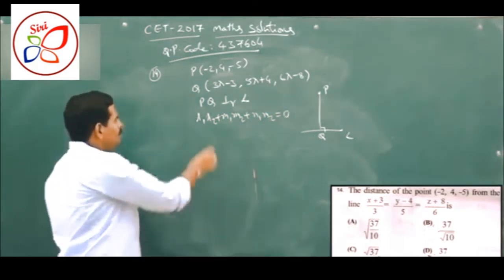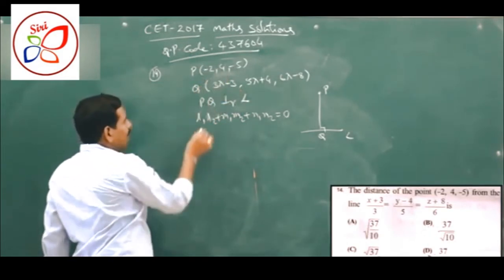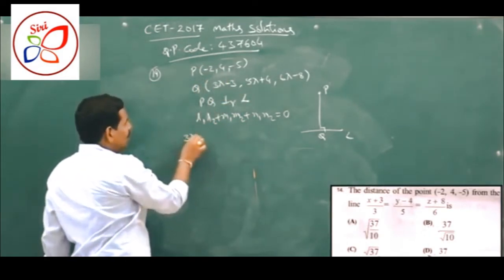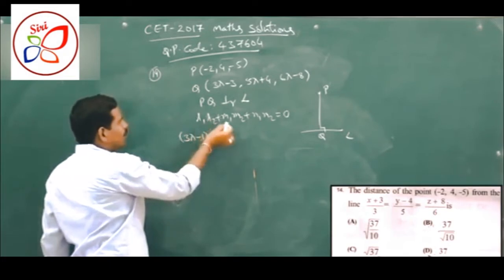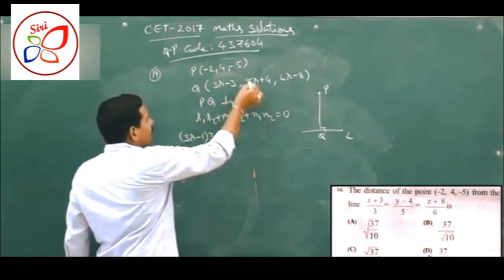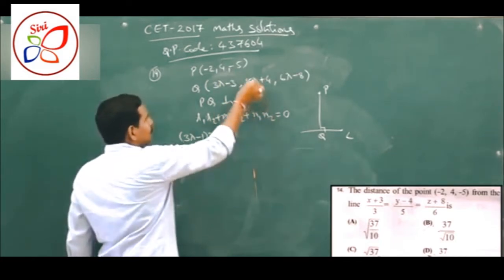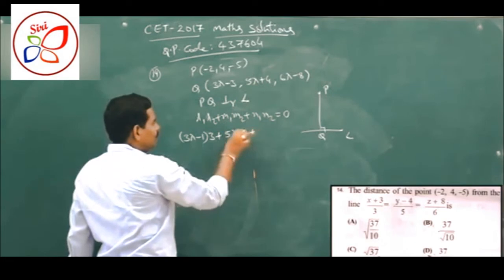So L1 is PQ, Q minus P, this minus this, 3 lambda minus 3 plus 2 is 3 lambda minus 1, into 3, plus M1: 5 lambda plus 4 minus 4 becomes 5 lambda only, here this is 5, the M2 value.